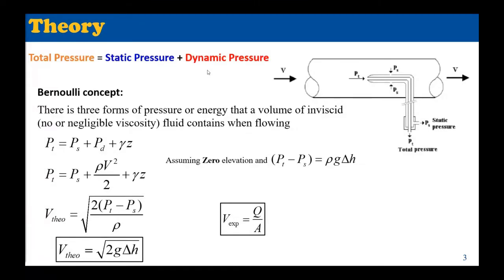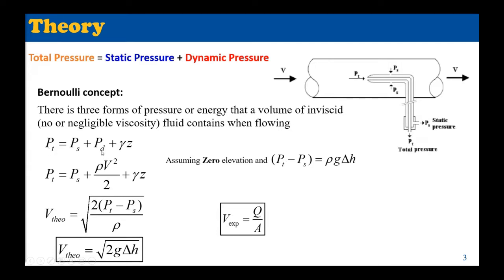These three forms of pressure in a fluid are the static pressure, the dynamic pressure, and the elevation pressure. All these three make up the total pressure.